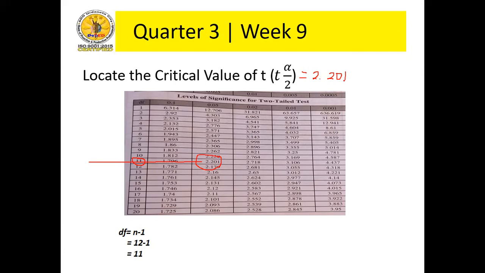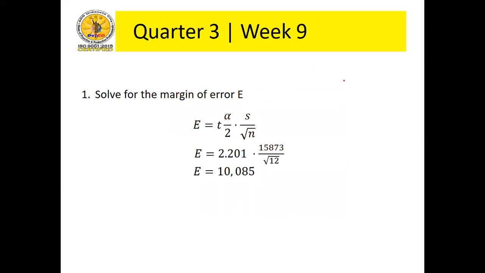Now, using this value to solve for the margin of error, we have 2.201 multiplied by your standard deviation, 15,873, all over the square root of the sample size, which is 12.